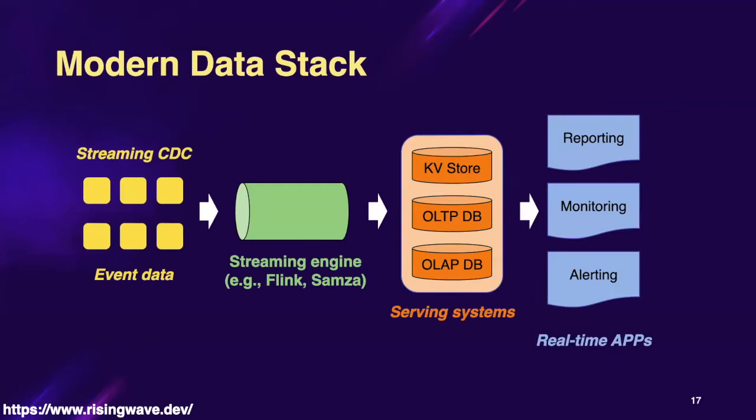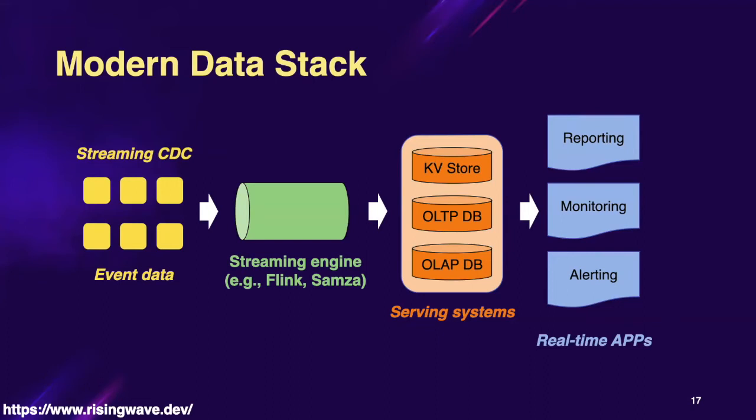So this is a classic example of a pipeline in a company, right? We have the source data, we have some event data, we also may have some streaming CDC. CDC means that we are trying to capture the data changes from an OLTP database, meaning that when people do some transaction, they log all the changes that transaction made to the database, and then we process these changes for our downstream application.